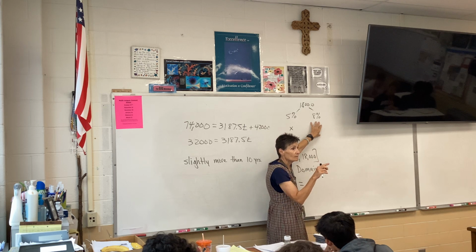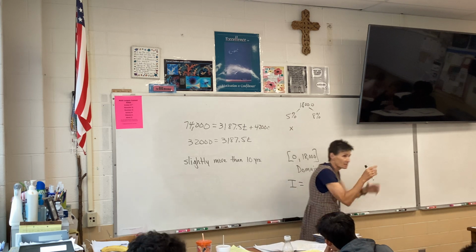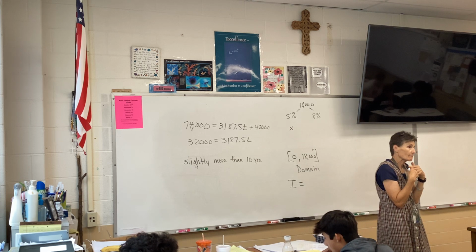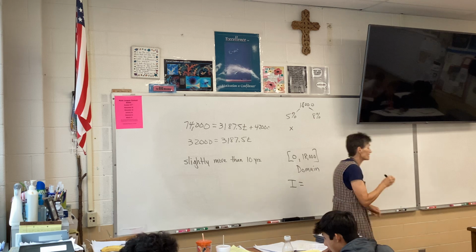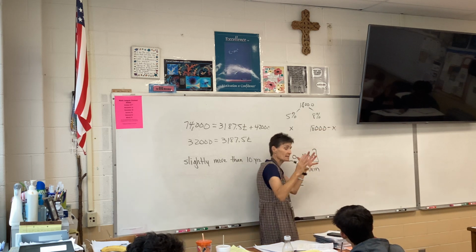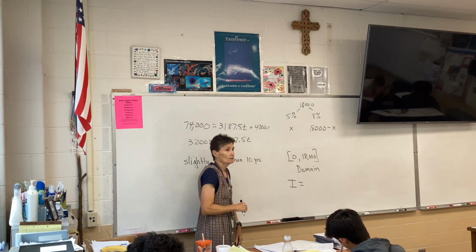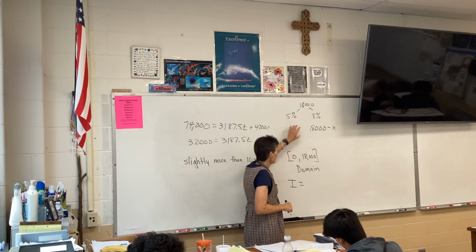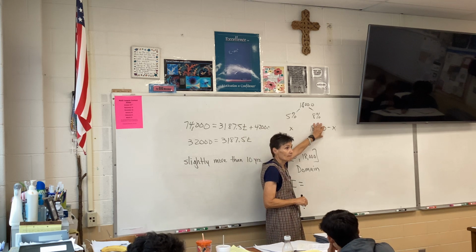What? The leftover, which would be expressed how? 18,000 minus X. That's the leftover. If she puts 2,000 here, wouldn't that leave 16,000 for here?